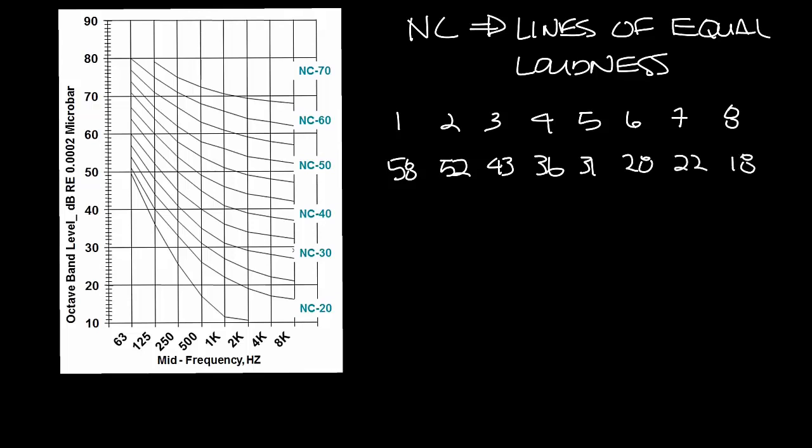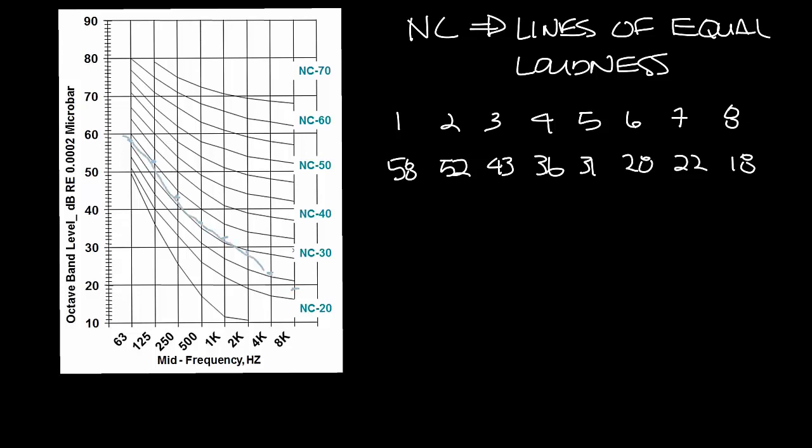Now let's plot that on this chart. So the first band is 63 hertz, so we'll go up here and plot 58. Second band is 125 hertz, so we'll go plot the 52. And then let's do the rest. I'm not exactly hitting the exact point, but close enough for our discussion.